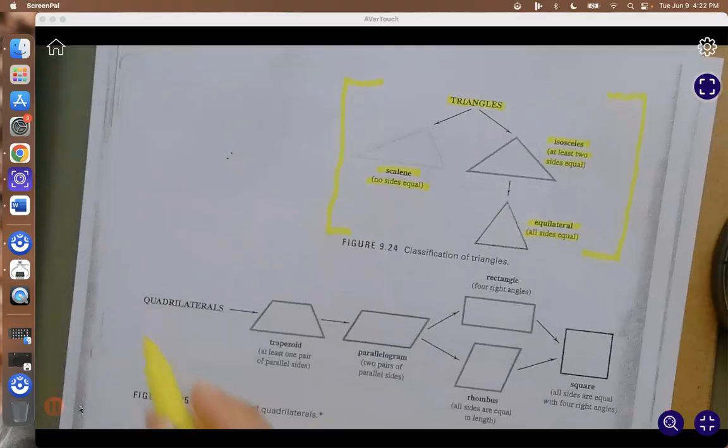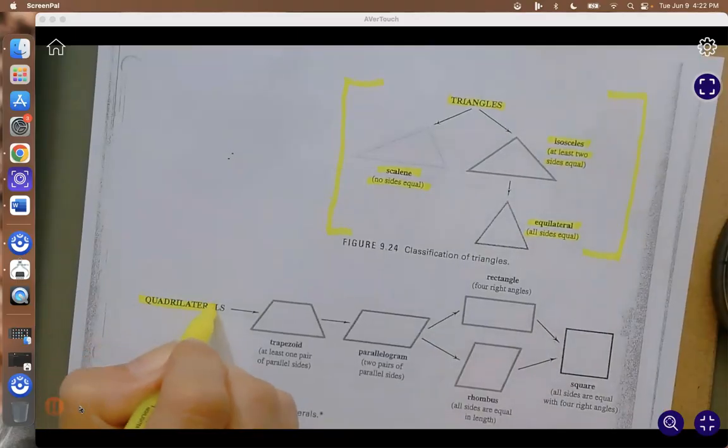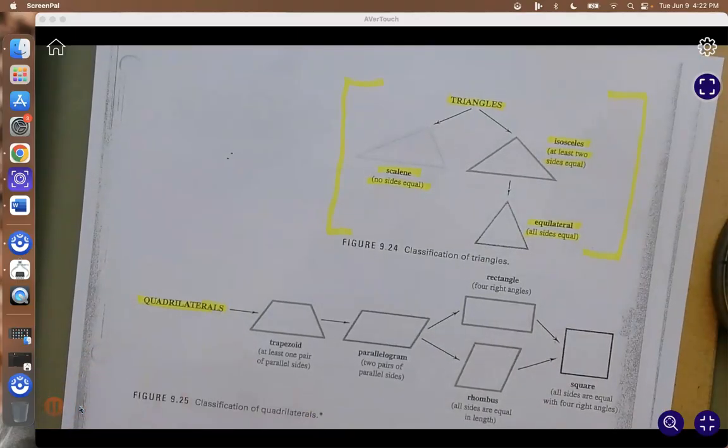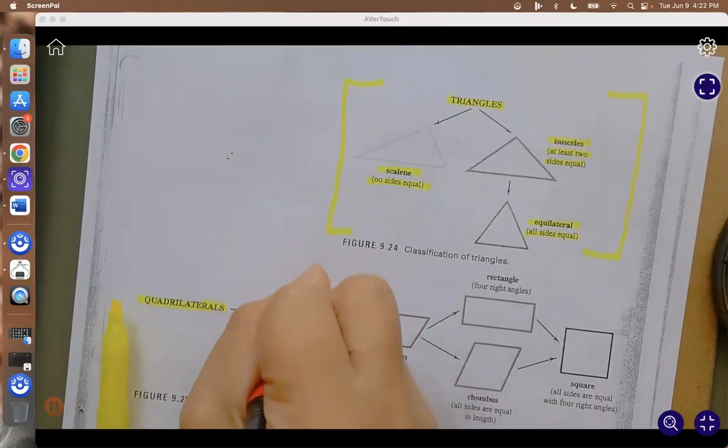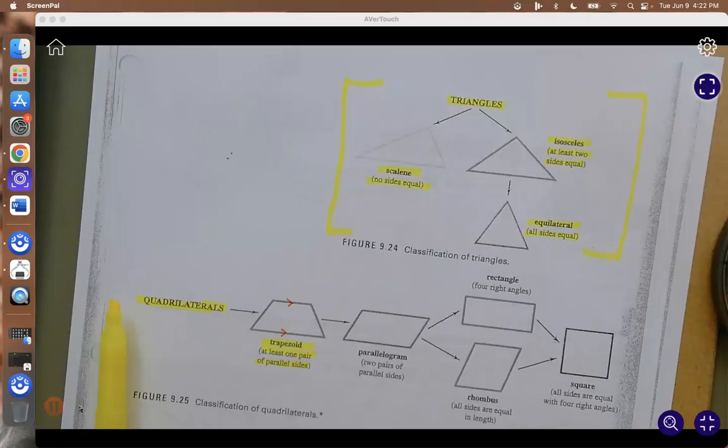Okay, then quadrilaterals. This is the one that people get a little confused on because they forget their definitions. Trapezoid, at least 1 pair of parallel sides. Doesn't have to have any equal sides, but 1 pair is parallel. Okay, those are parallel.